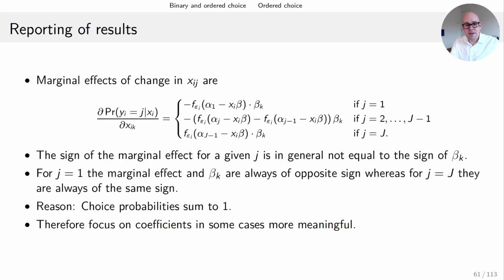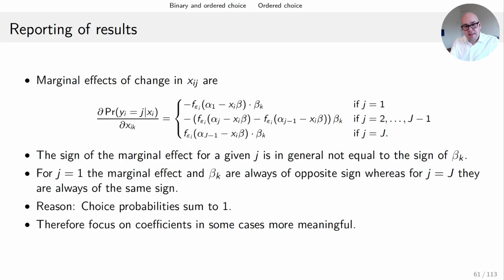So when you start from the choice probabilities that we looked at on the previous slide, then all you have to do is to take the derivative of those choice probabilities with respect to xi, and you end up with these quantities here. So for all alternatives j in between 2 and capital J minus 1, you get a difference in two densities evaluated at the two thresholds respectively times beta k, and beta k is the coefficient on the variable x that you're changing.